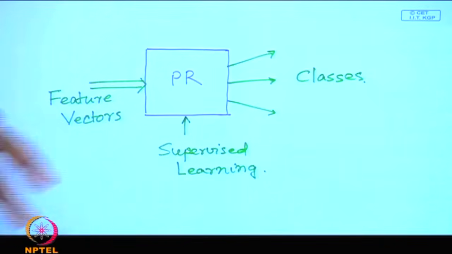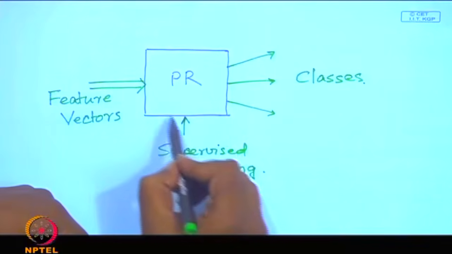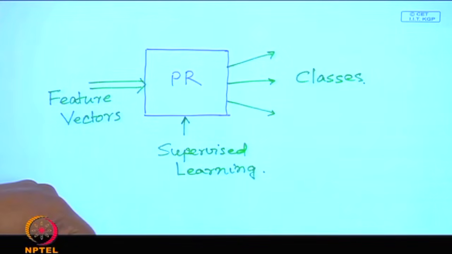So, for supervised learning, what I have to do is, I have to input a set of feature vectors or different sets of feature vectors. For different sets, I must know from which class that particular set of feature vectors has come. So, that is what is supervised, and based on that information, I have to train this pattern recognition system.